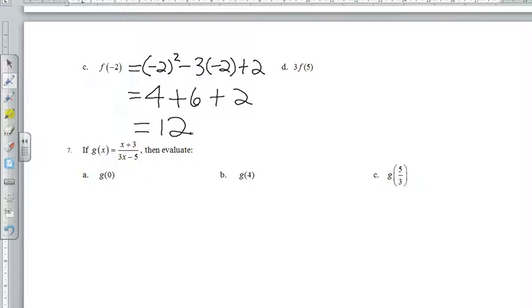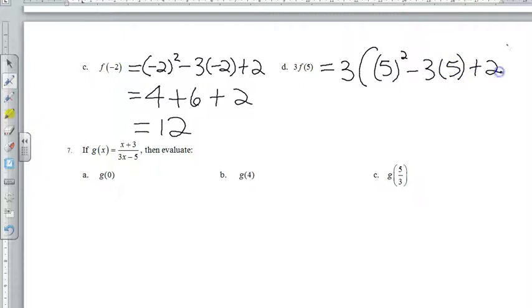Right, so we've looked at a function definition as, hey, here's a graph, and you can read values, right? You can't calculate anything, but you can read values off the graph. And now we have a function definition as a rule as to what to do with something, right? A formula, and you can calculate. Okay, 3f of 5. Okay, what's f of 5? Well, 5 squared. So what's in this set of brackets here is f at 5, right?